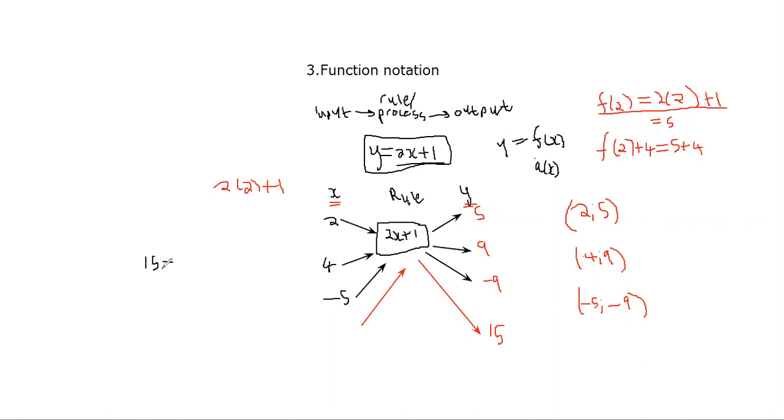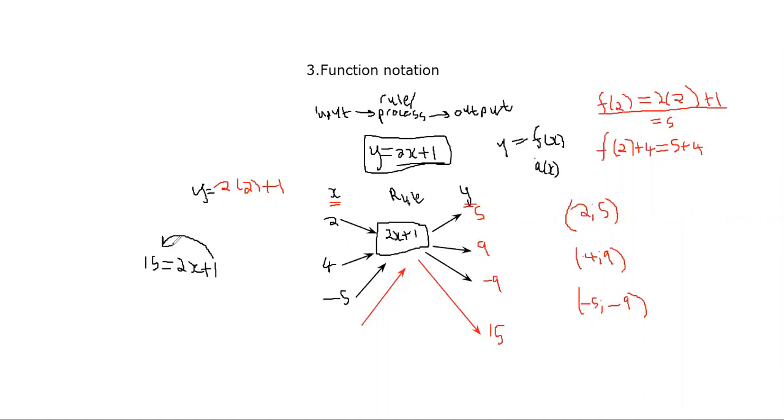It's equal to, we are looking for x, so we have 2x plus 1. We don't change anything, we only substitute what we're given. Here we were looking for y, that is why it was like this. We don't change what you want, you only change what you're given. So for this one, you solve for x.